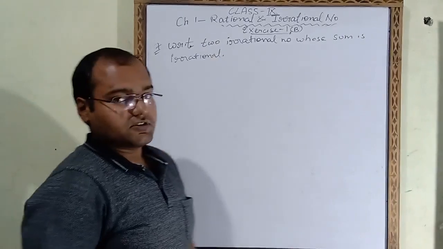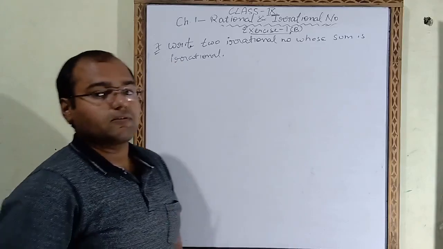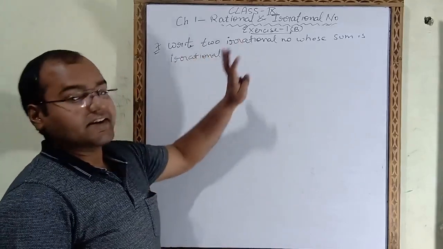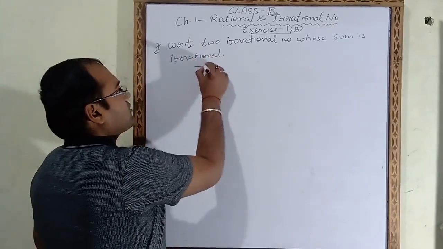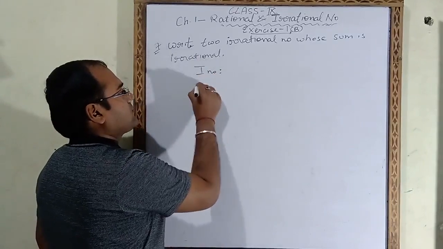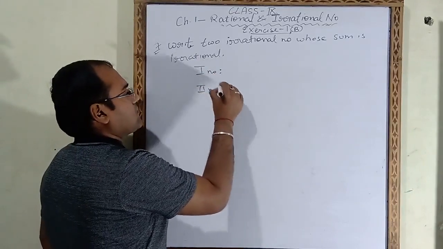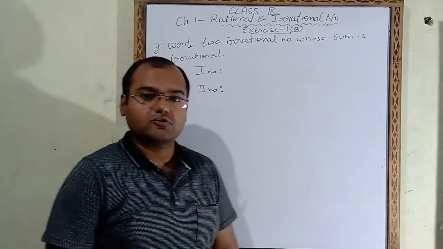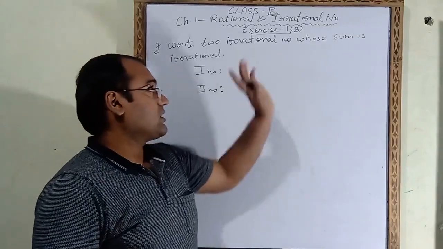So this is the question. We have to write two irrational numbers. Two numbers we have to take, and both the numbers should be irrational.